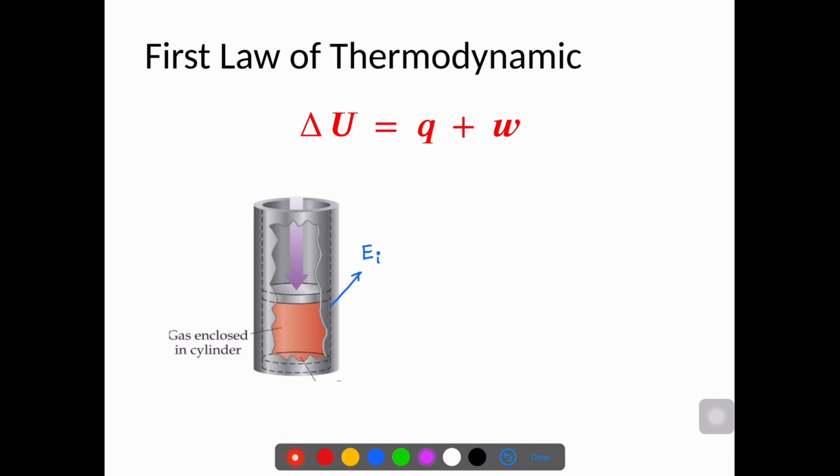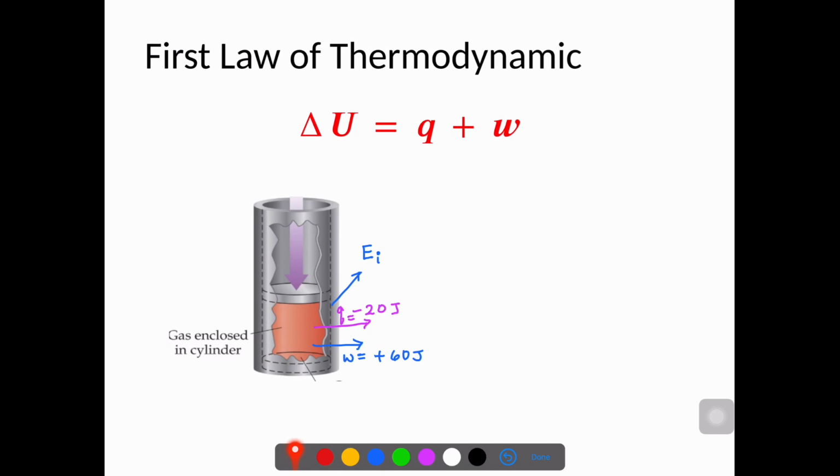So let's say the system has lost 20 joules of heat. So your Q is negative 20 joules. Let's say the system has been compressed, okay? So if it is compressed, it's gaining internal energy in the form of work. So work done on the system, let's say it's equal to plus 60 joules of energy.